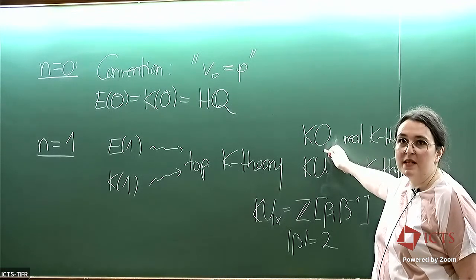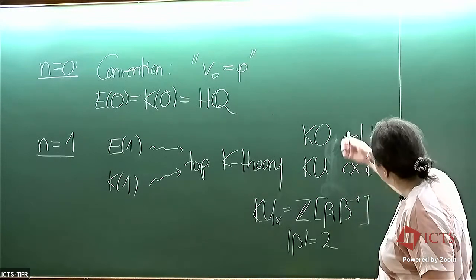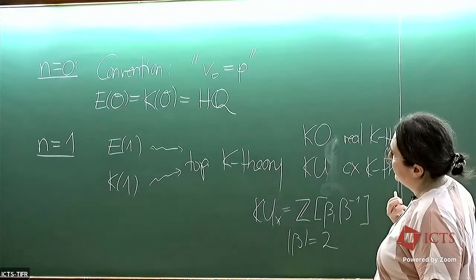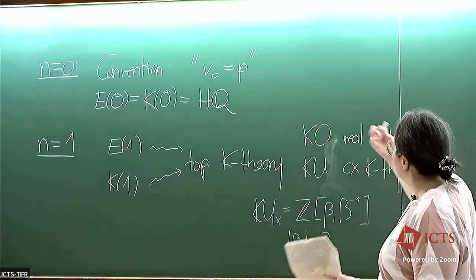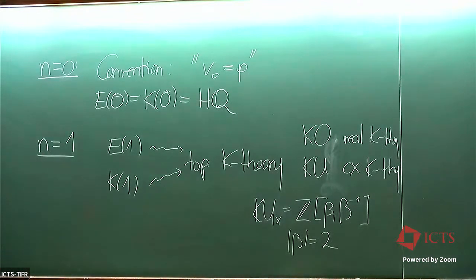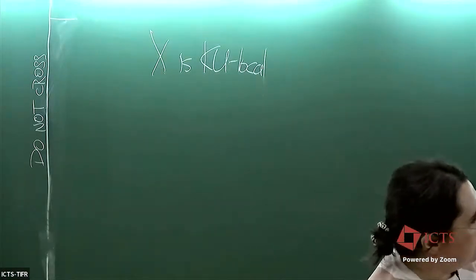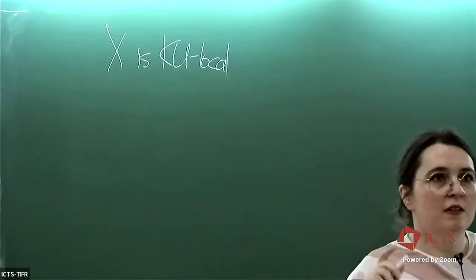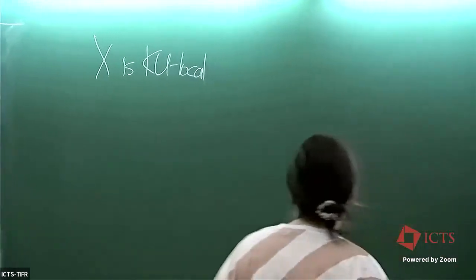It has some Z's and some Z mod 2s in it and stuff. So you can see that these are not really the same spectra. So if I'm saying, oh, I would like to K-localize, what do I even mean? And the first real good news of the day is it doesn't really matter, because while these two homology theories are absolutely not the same, localizing with respect to them gives you the same thing.